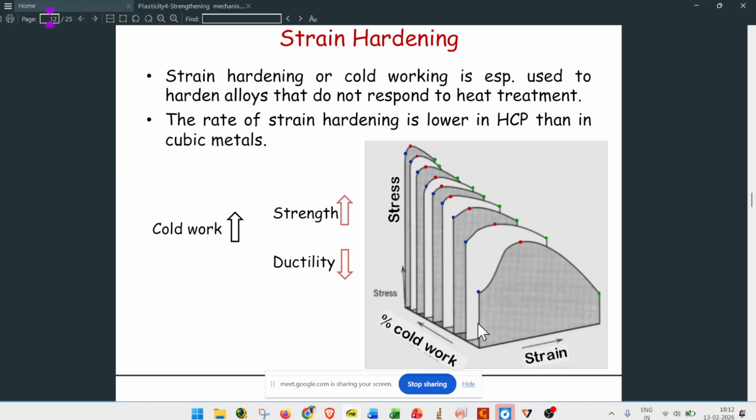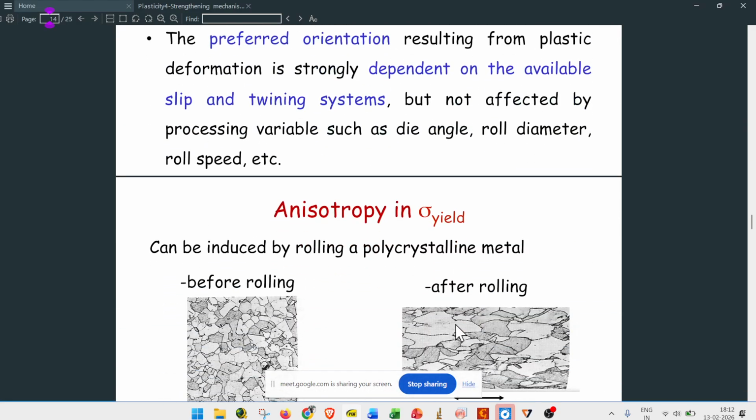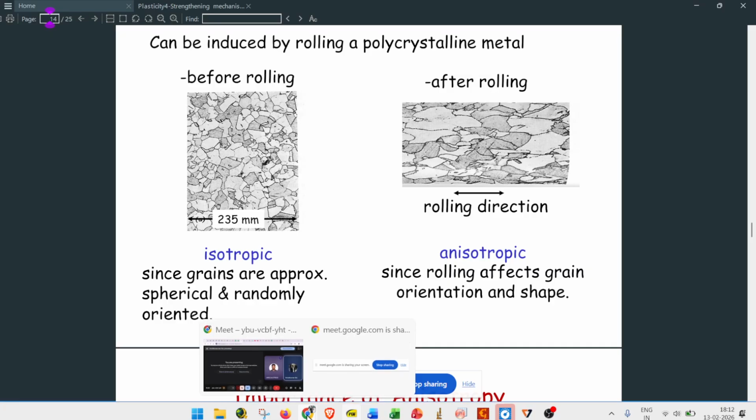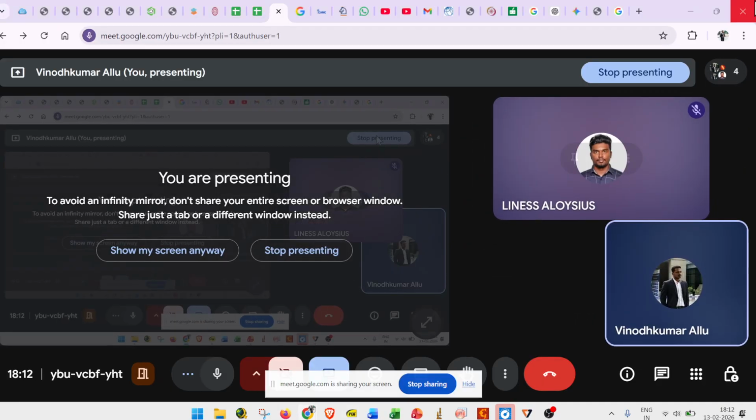Once recrystallization is done, we again do the straining. We continually repeat that, so that finally the material strength increases. Rolling is also one of the cold working operations.